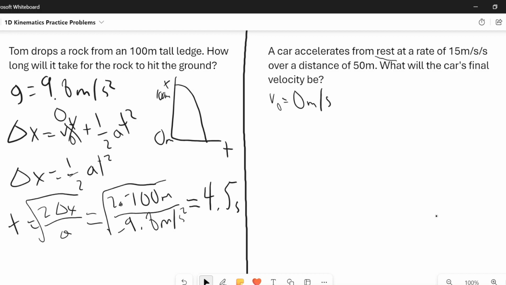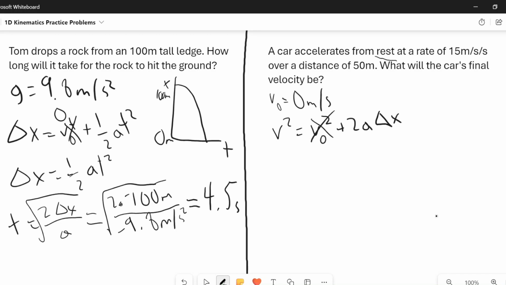Next, we can use one of our big three kinematics equations and say that v final squared, which is just v squared, equals v naught squared plus 2 times acceleration times the change of position. So since we know that the initial velocity is 0, this whole value can just be ignored. That's going to be 0.